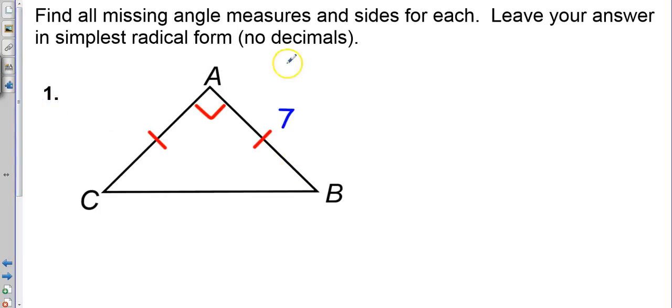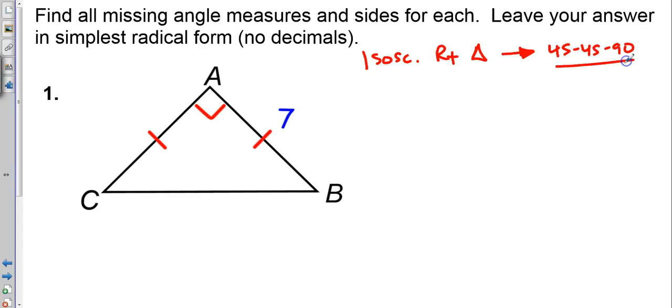Here is an example. Find all the missing angle measures and sides for each. We want to leave our answer in simplest radical form. So here we've got an isosceles right triangle, which then tells me I've got angle measures that are 45, 45, 90.